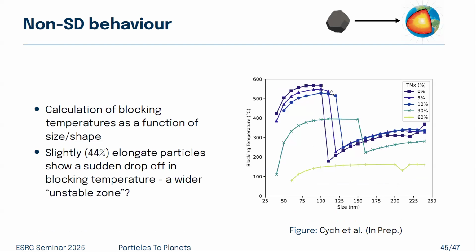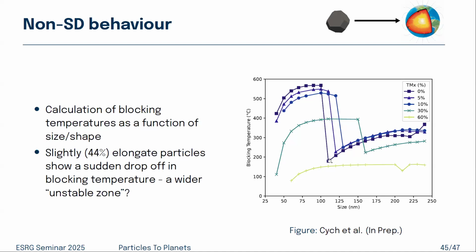This is just the same thing as I showed you before, but now what I'm looking at is something that has a 44% elongation along one of the axes. And what you see here is that the behavior is slightly different. You have this drop off, maybe not such an extreme drop off in the blocking temperature and its stability, but then it doesn't come back up very quickly. You can see that in magnetite, you're maybe just starting to recover at this maximum size, this 240 nanometer size.